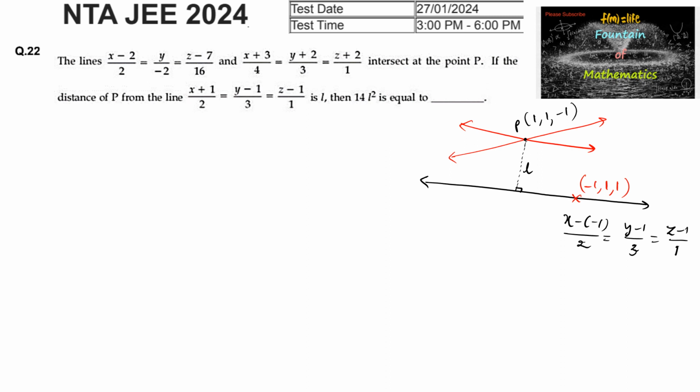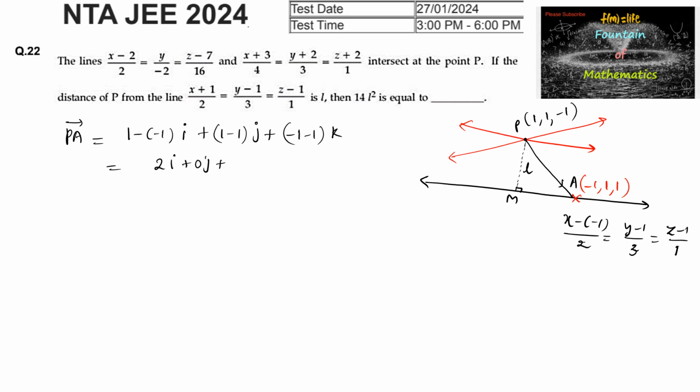Let us find the vector. Say this point is A, say this is M. PA vector we can write as 1 minus of minus 1 i plus 1 minus 1 j plus minus 1 k, which is equal to 2i plus 0j plus minus 2k.